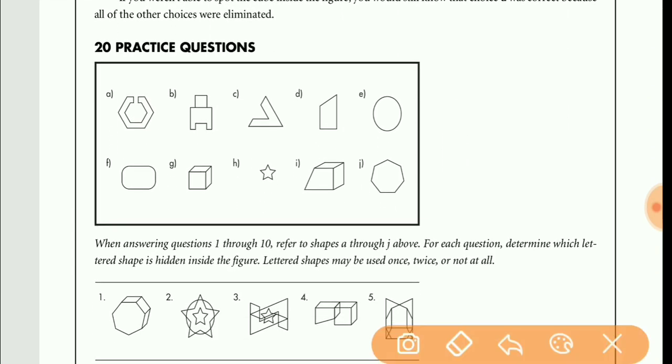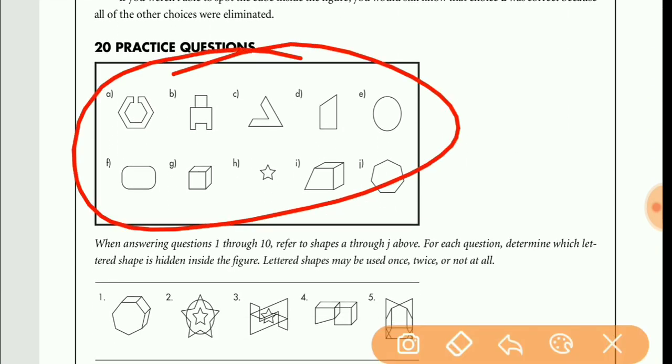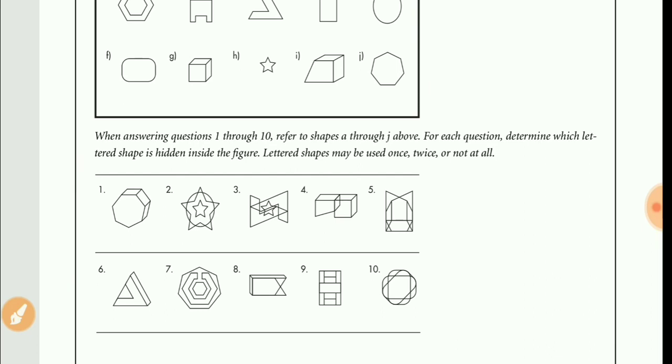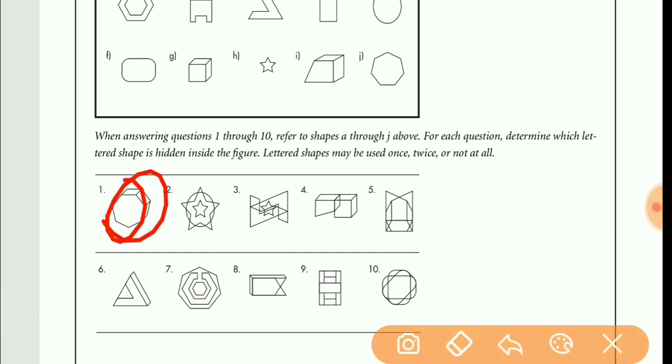We have been given 10 figures and one of them is embedded in the given figure. The first question is, in this figure which figure is embedded in it?